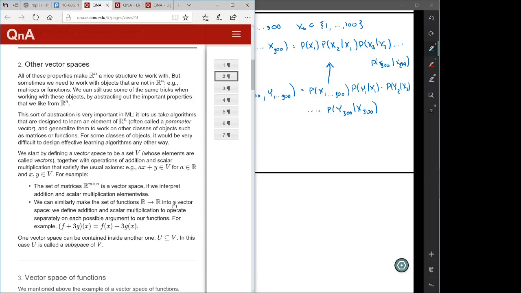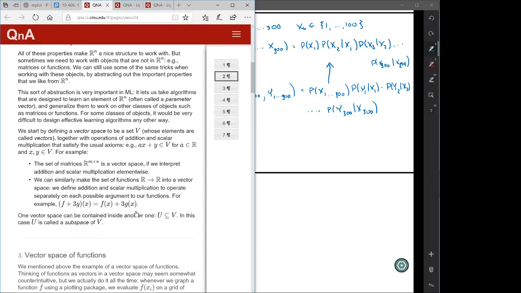All right, so the way we do this is by defining what's called an abstract vector space, or just a vector space for short. So an abstract vector space is a set which we'll call V. The elements of V we're going to call vectors, and we're going to have two operations called addition and scalar multiplication that work on elements of V. Right?